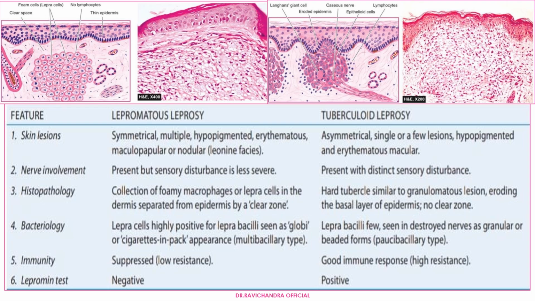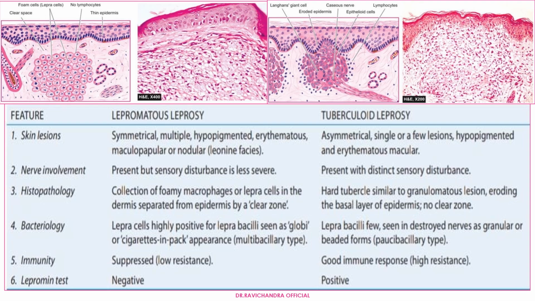Nerve involvement is present in both lepromatous leprosy and tuberculoid leprosy, but sensory disturbance is distinct in tuberculoid leprosy. Coming to histopathology, there will be foamy macrophage collections, which are called lepra cells or Virchow cells, present in the dermis and separated from the epidermis by a clear zone.